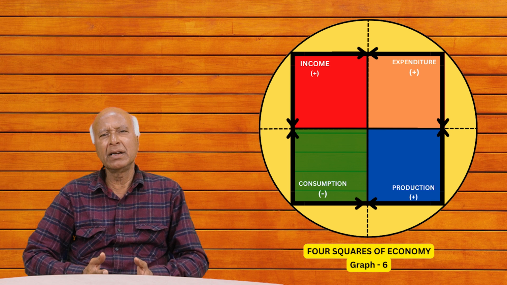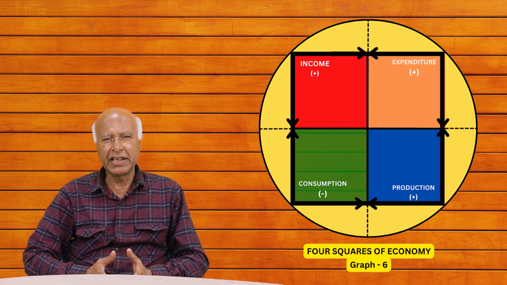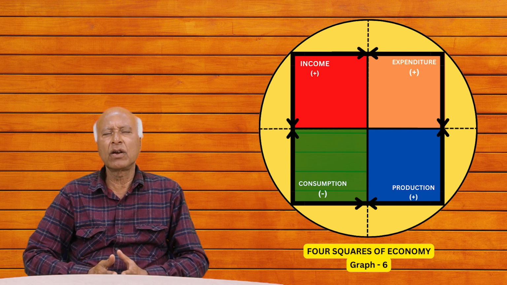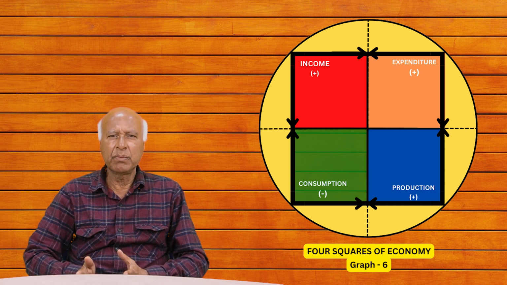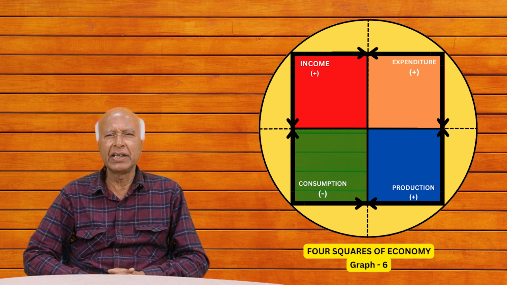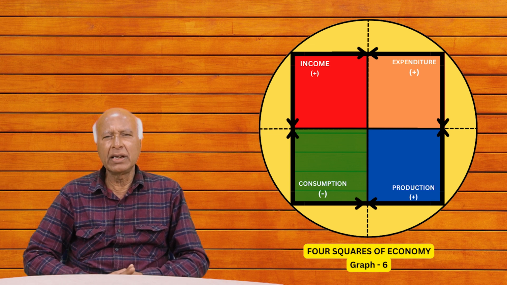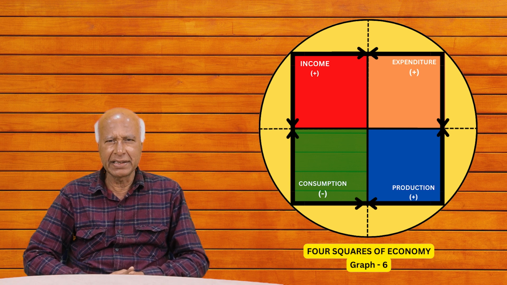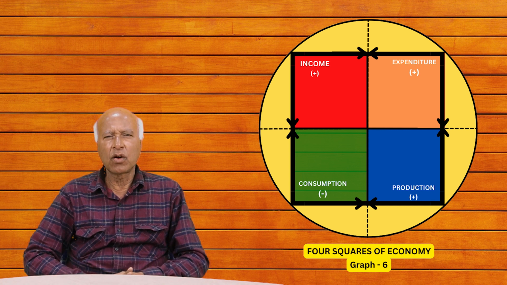So the natural effect of the change in area of the square of consumption will cause change in the square of production. Anti-clockwise, if we analyze it, the production will cause an increase in expenditure. It is an economic logic that if the production increases, then the cost of production will increase. That means to say the expenditure will increase.